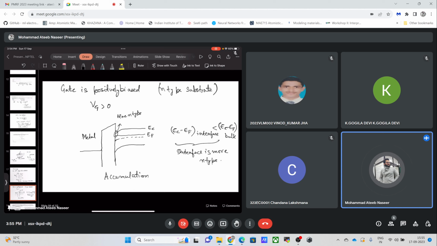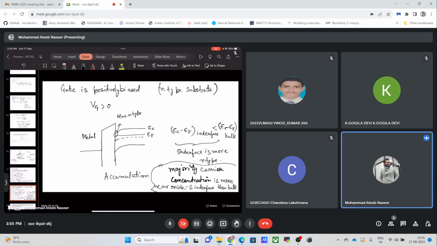Other ways we can say that the majority carrier concentration is more near the oxide semiconductor interface than in the bulk. This is the major statement about this material under this biasing condition.